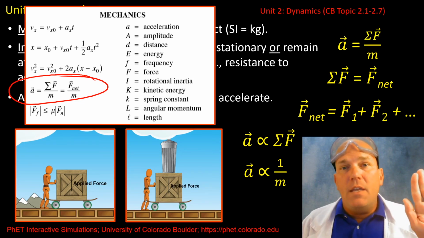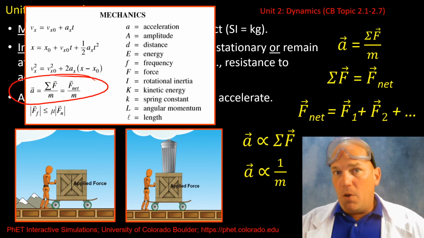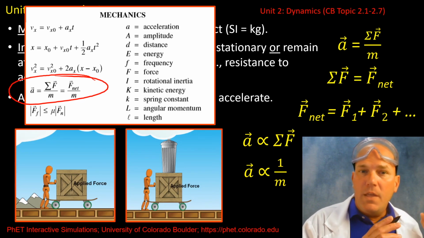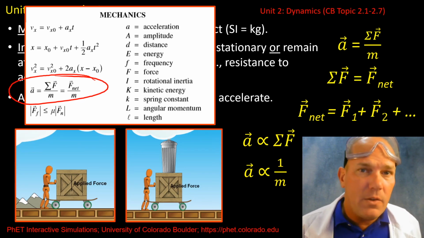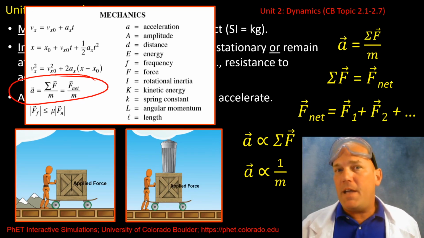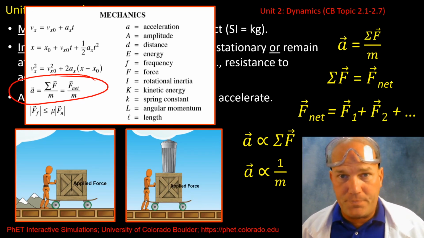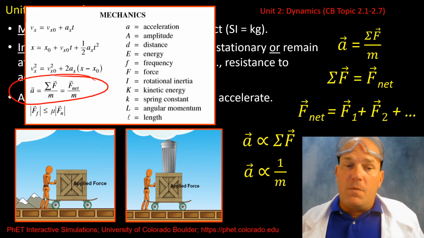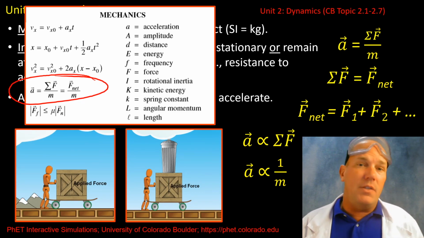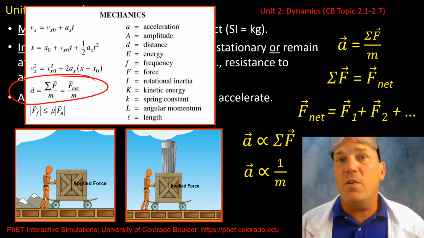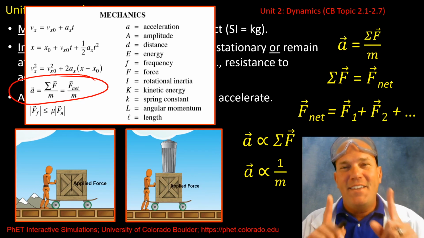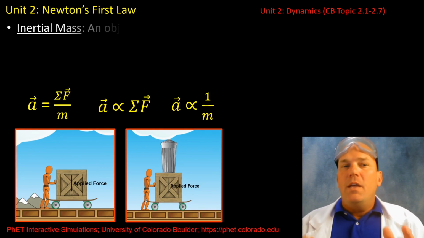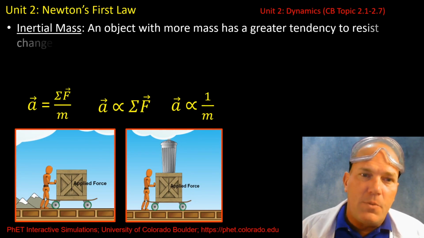And if the mass is doubled or goes up, then the acceleration will go down. So the crate will experience a greater acceleration because if force remains the same, it has a smaller mass. Therefore, we will see a greater acceleration because acceleration is inversely proportional to mass as long as the force remains constant.